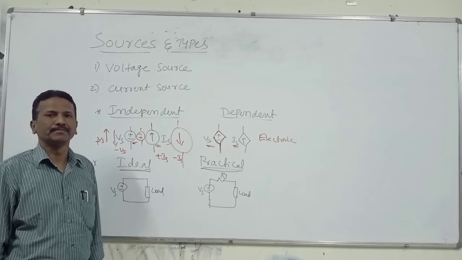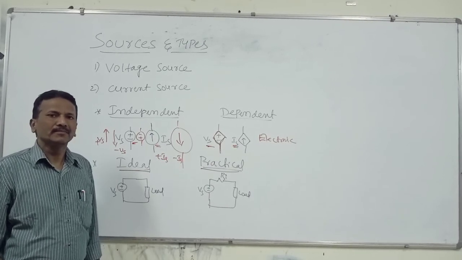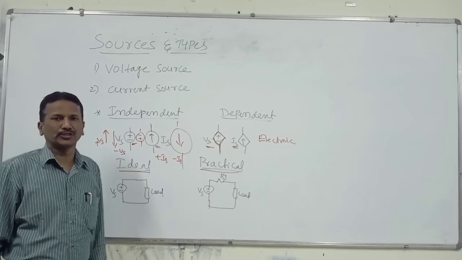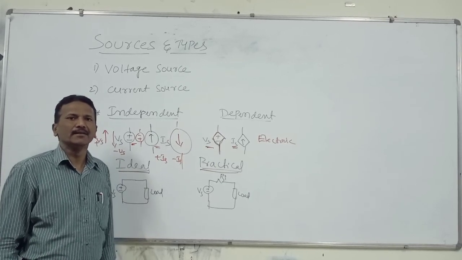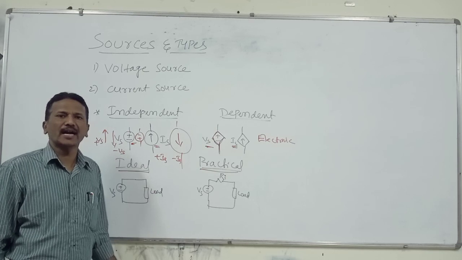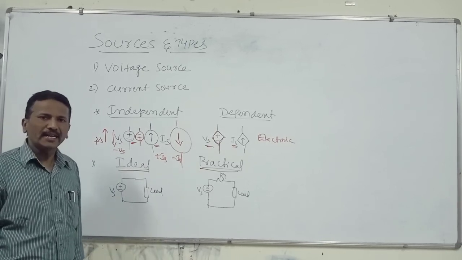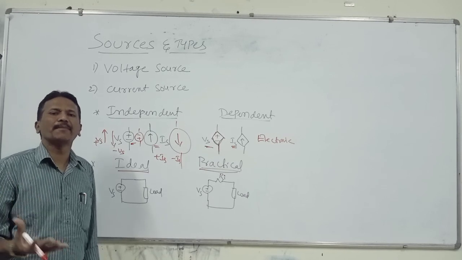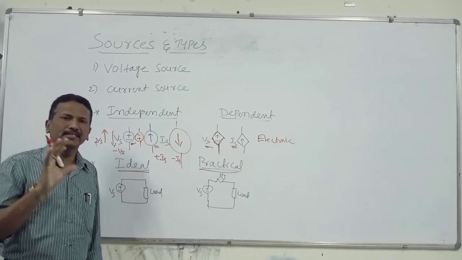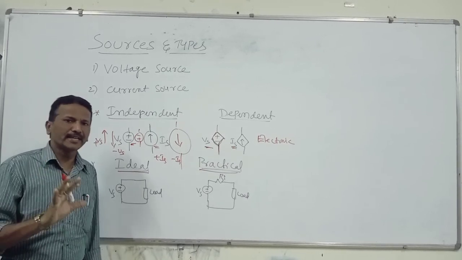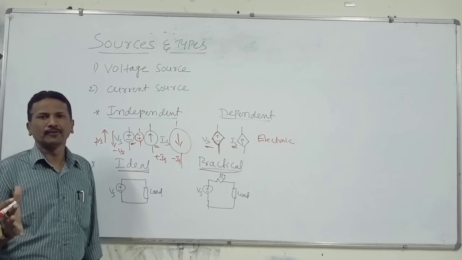What is the difference between ideal and practical? Very important here. Normally, we depend upon the practical source. But to understand the difference between ideal and practical, let's see. Ideal is nothing but there is nothing happening, no working.